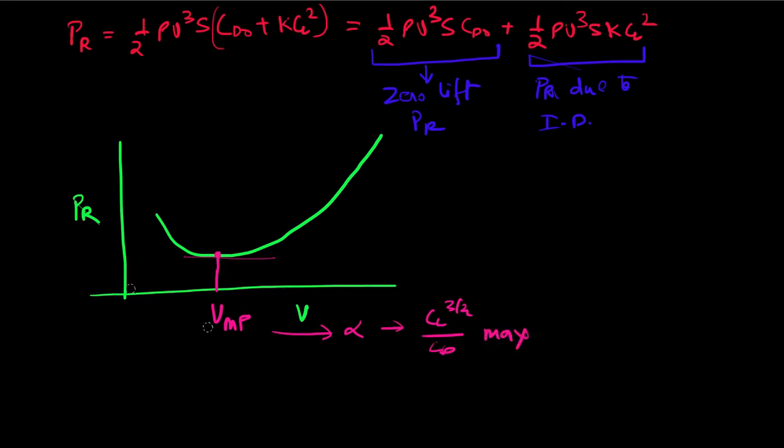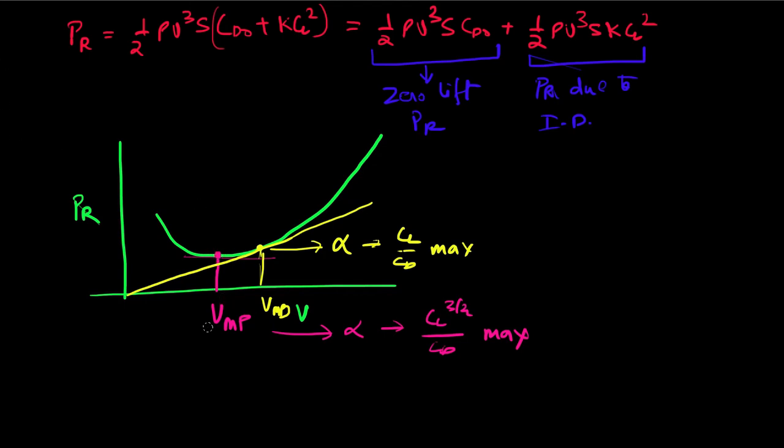Now we can also plot minimum thrust required on this. For that we will have to draw a tangent, and the velocity at this point will be Vmd. At this velocity the aircraft will be flying at an angle of attack such that CL by CD is maximum. So this is the minimum drag condition or minimum thrust required, and this is the minimum power required or minimum power condition.